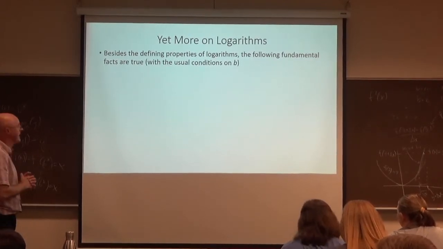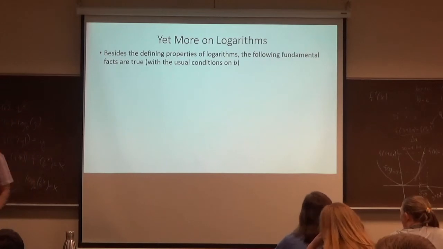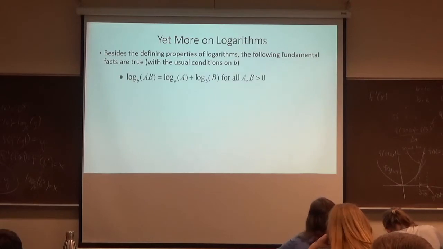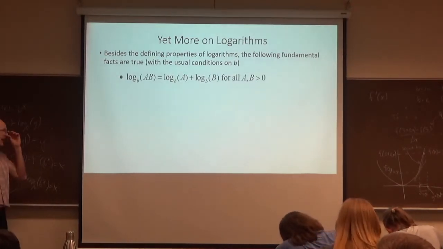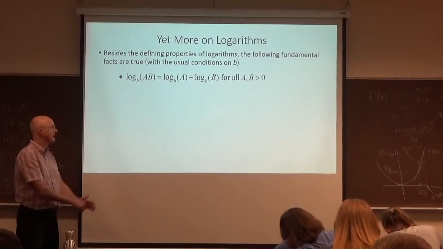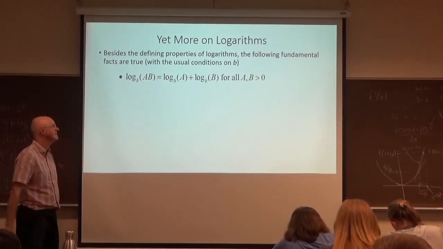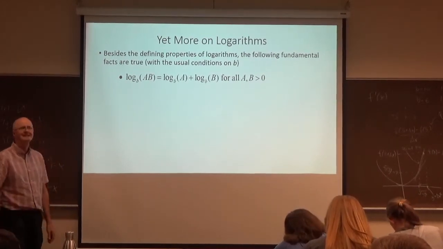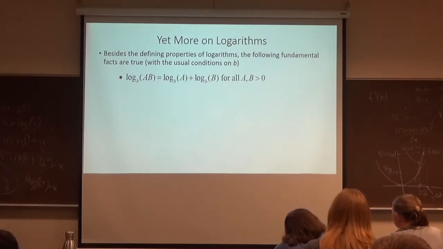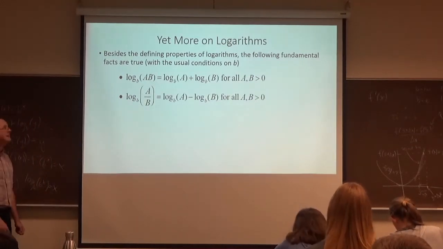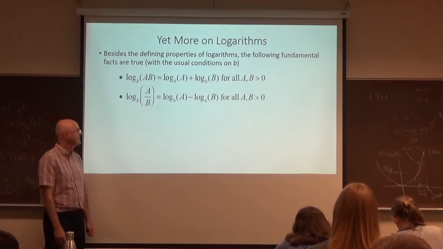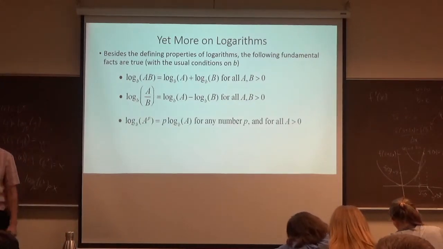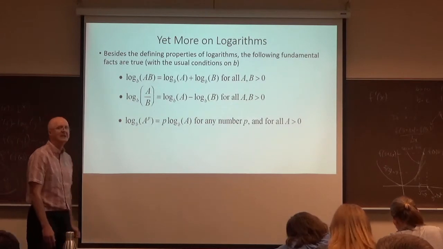Besides the defining properties of logs, the following fundamental facts are true with the usual conditions on b: b is positive and not equal to 1. Log base b of capital A times capital B is log base b of capital A plus log base b of capital B. Log base b of capital A divided by capital B is log base b of A minus log base b of capital B. And finally, log base b of capital A to the p power, p for power.